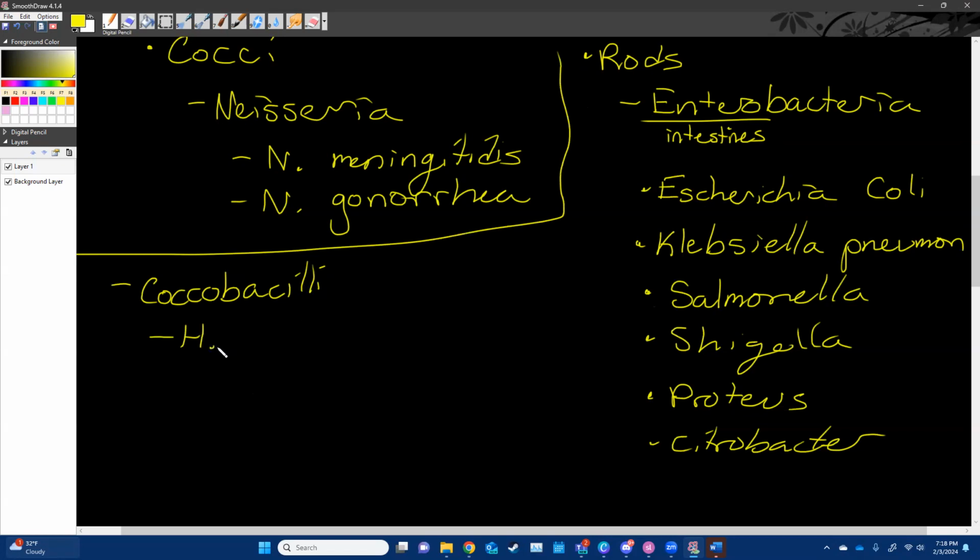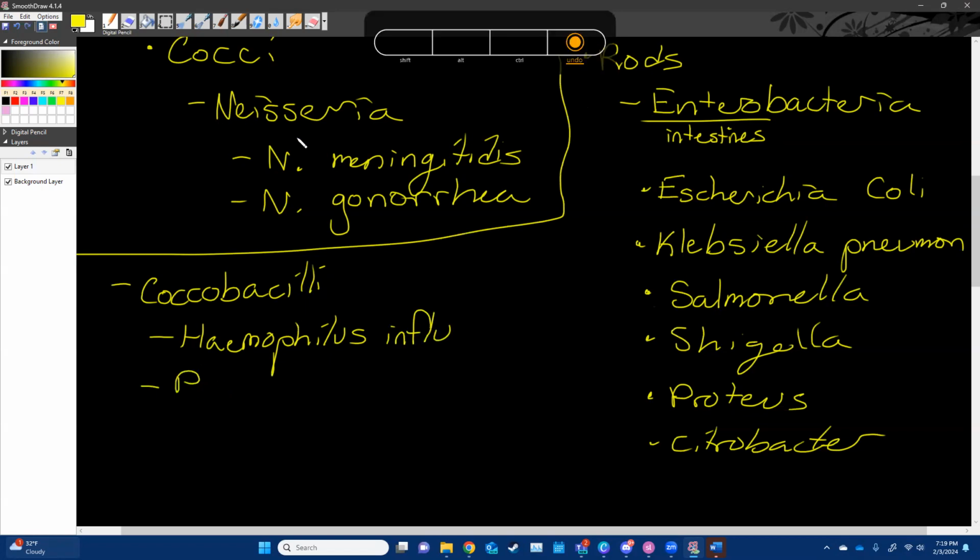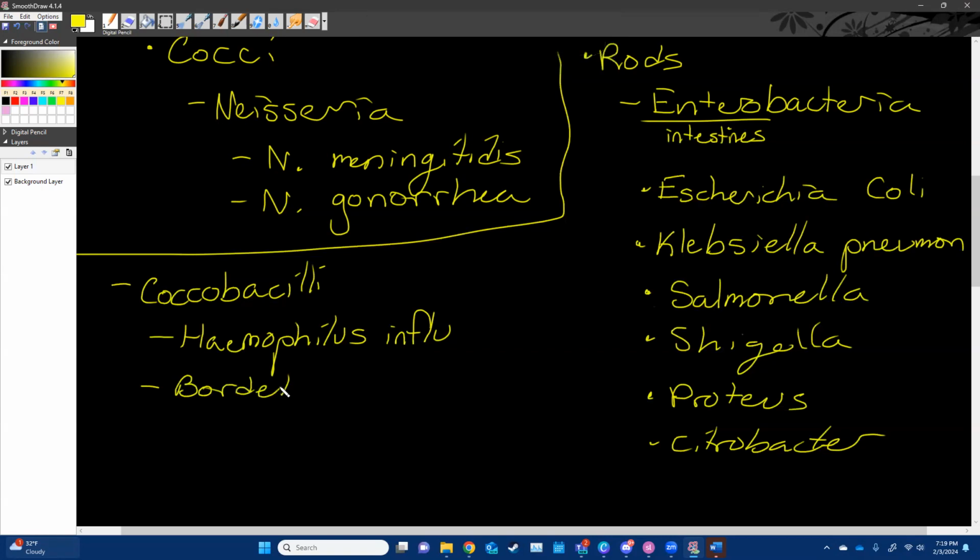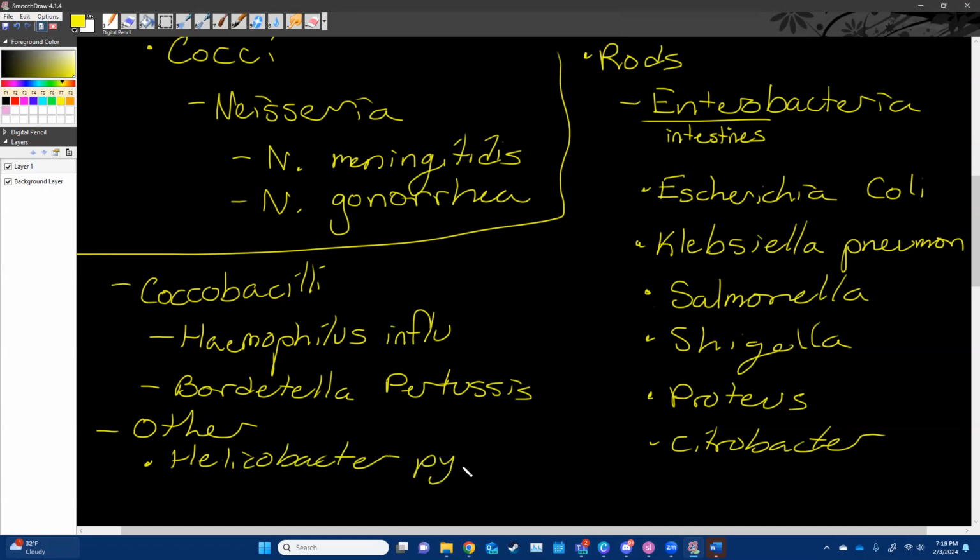These are things like Haemophilus influenzae, pertussis, and then finally, the last one, so we should just note, under gram-negative rods, kind of generally, we have Helicobacter pylori and Pseudomonas.